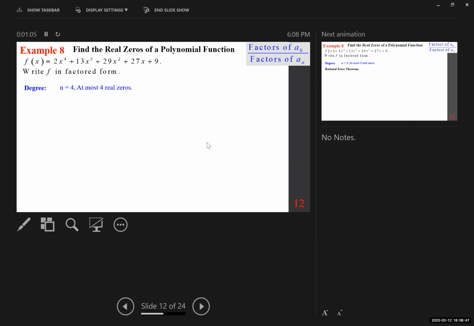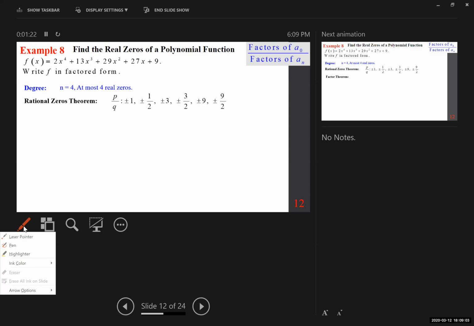Right here. Okay? Just for the sake of argument, what is your a sub 0? 9. A sub 0 is 9. And a sub 0 is the constant, remember that, okay, class?